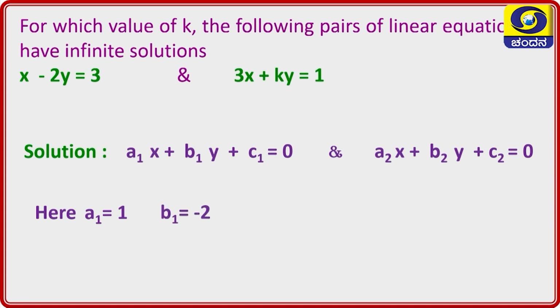Yes, very good. b1 is minus 2. c1 is minus 3. Why minus 3? The equation is like this: x minus 2y minus 3 is equal to 0 and the second equation is 3x plus ky minus 1 is equal to 0. Hence a2 is equal to 3, b2 is equal to k, c2 is equal to minus 1.